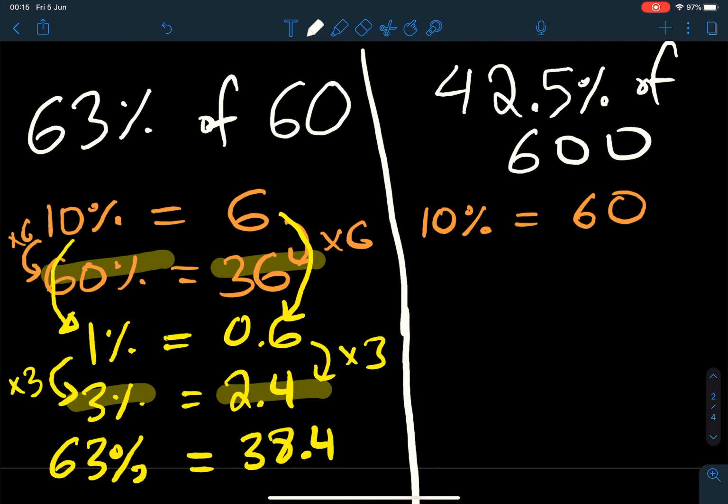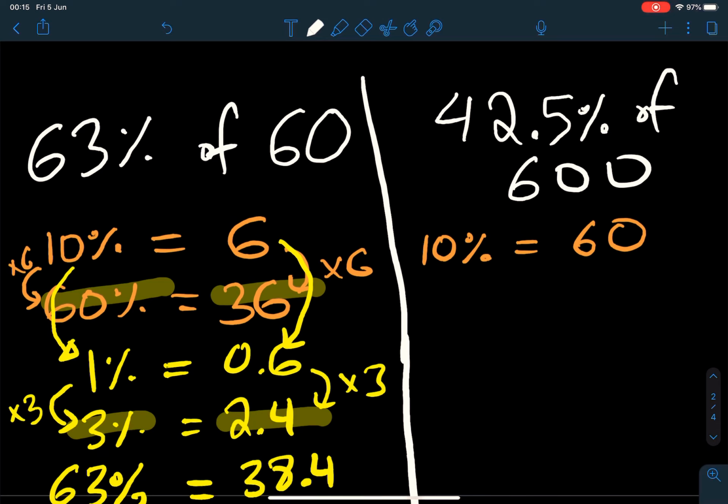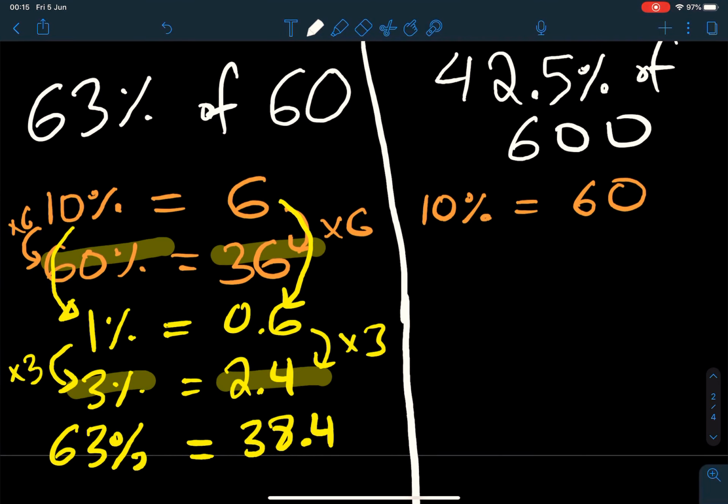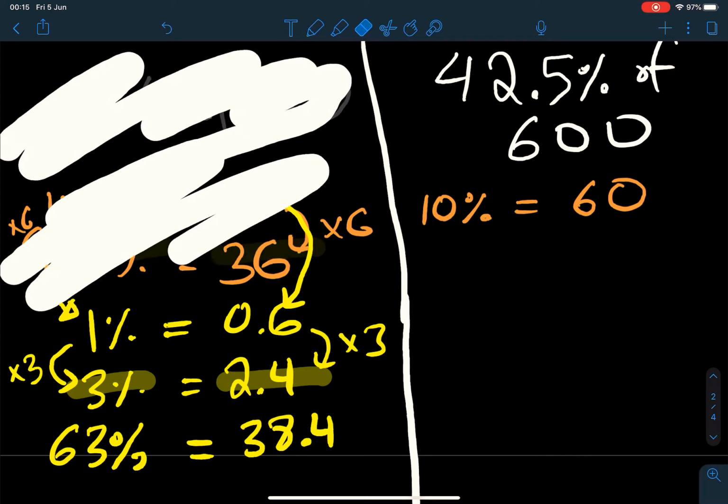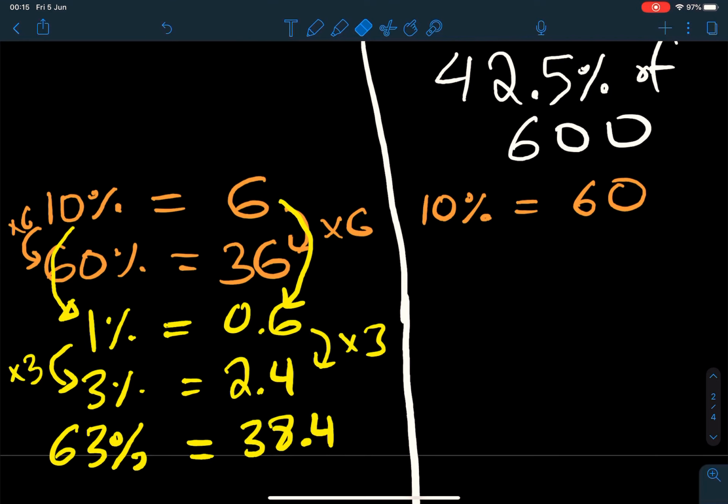Now let's quickly do a slightly harder one of 42.5% of 600. Don't let this bit put you off. It's actually very, very simple, and we still use 10% as our base. So again, I want 42.5%. I've got 10%, and let's quickly just rub this bit out so we've got a bit more space. Whoops.